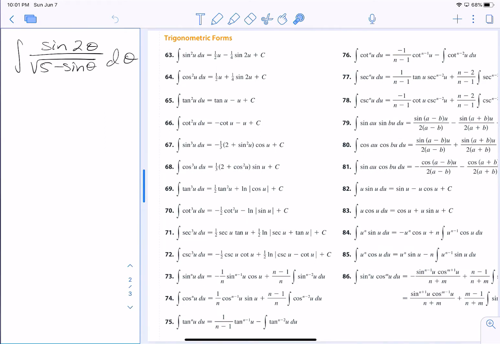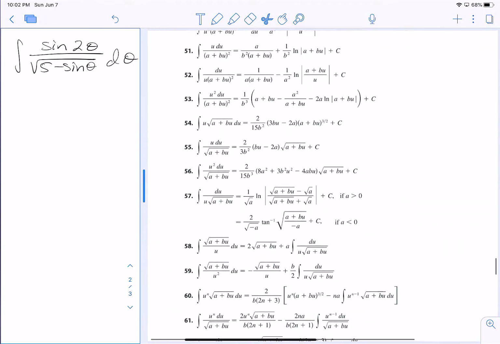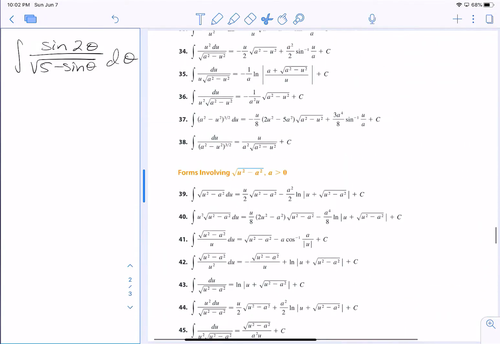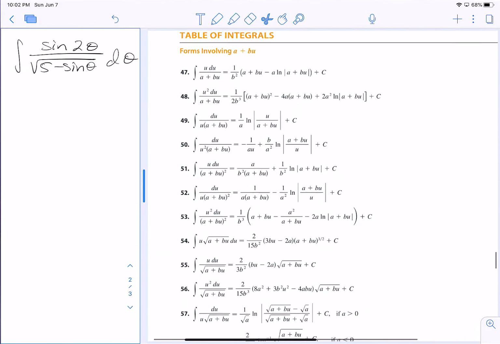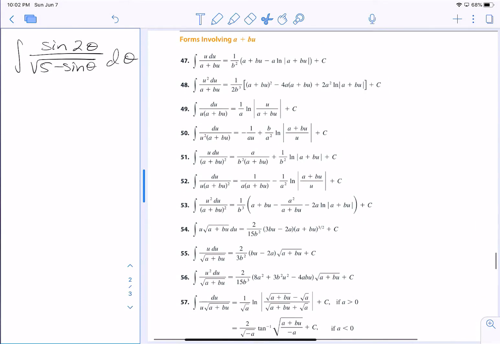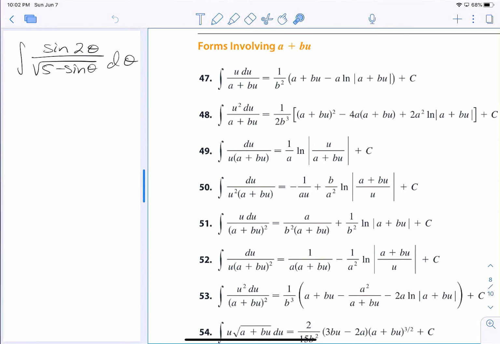I'm thinking about those forms that involve an a squared, either plus or minus u squared. It's not a problem that 5 is not a perfect square. We can use the square root of 5, no big deal. But there's no square on the sine of theta. So, kind of doing some shopping here, I'm going to go past all of the a squareds and u squareds, and it looks like we might be able to do something with forms involving a plus bu.